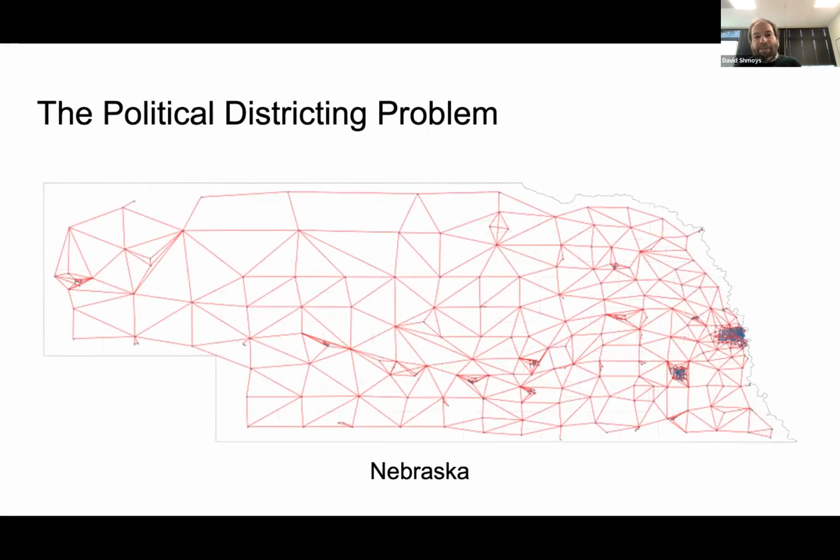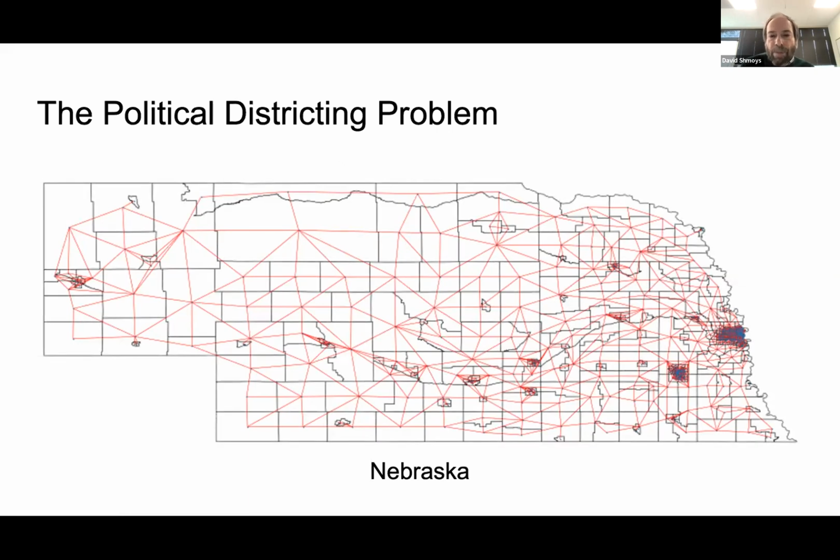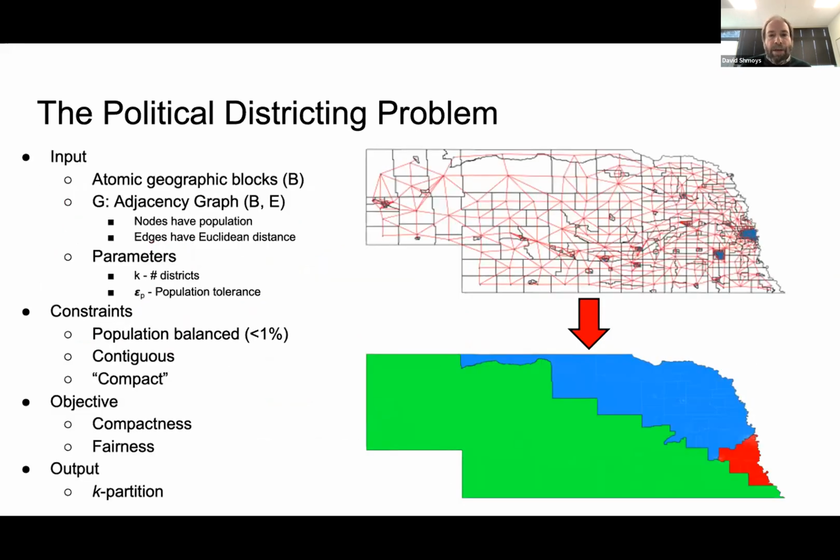We can of course represent that by its dual graph, with a node for each atomic unit, which I'll call a block, and represent adjacency by the corresponding graph. So we have the atomic geographic blocks, which I'll refer to as B. We have the adjacency graph G, which has the given set of blocks and edges.